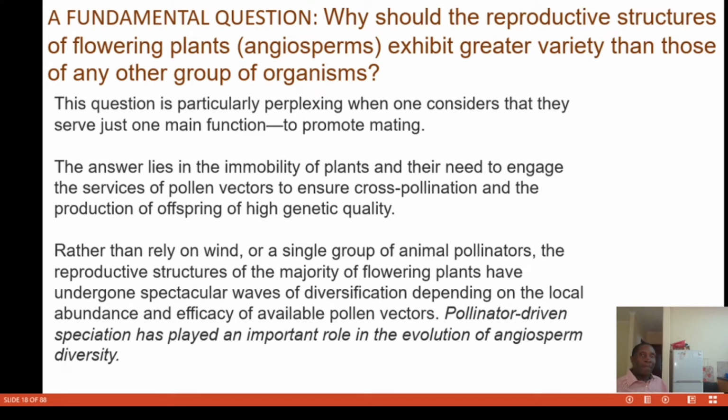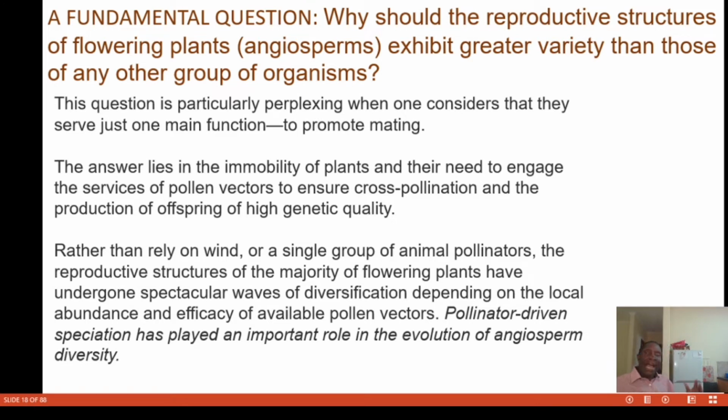Now, the answer is in the reality that plants are not as mobile as humans. They must engage the services of pollen vectors to ensure that cross-pollination and the offspring of high genetic quality is realized.